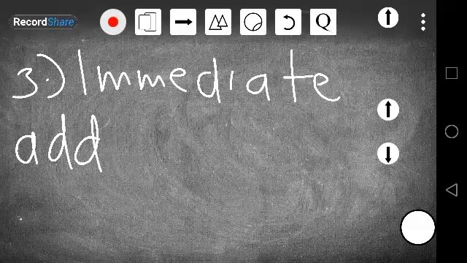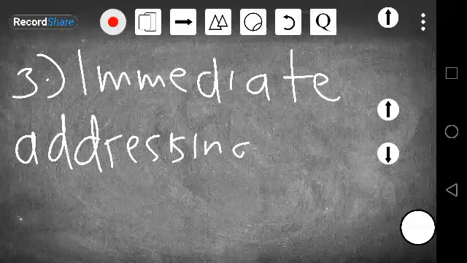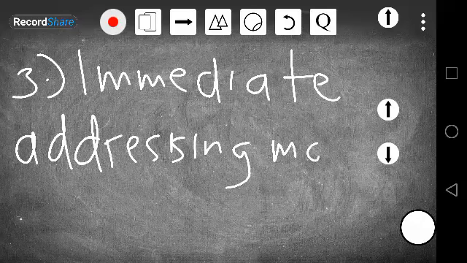Now, on immediate addressing mode, the operand is specified in the instruction itself. So in this case, there is no address pointing to a memory location with the operand. The operand is in the instruction itself.